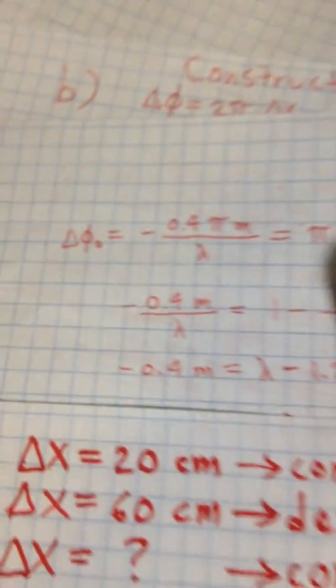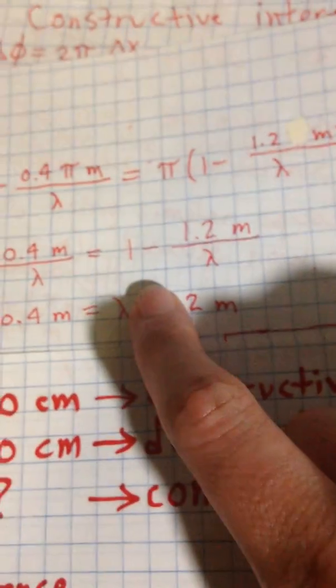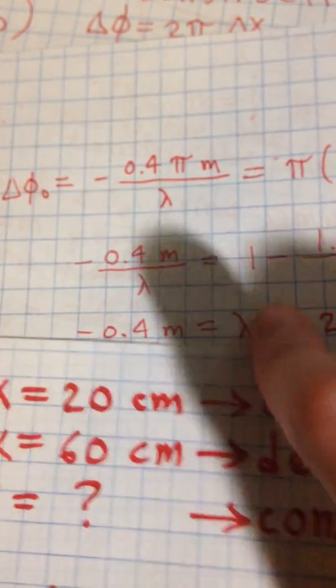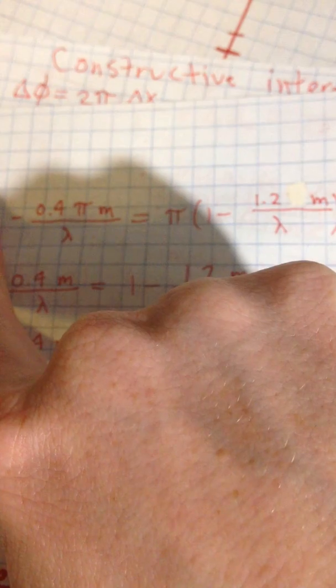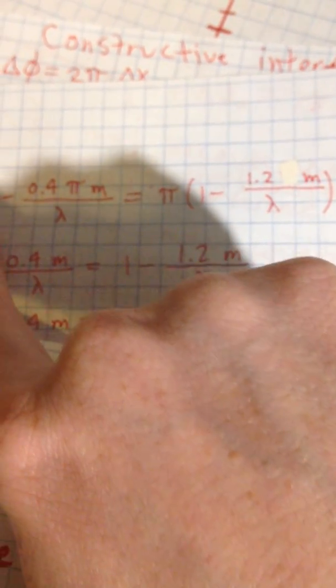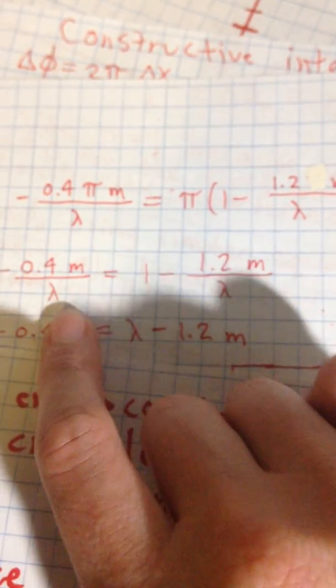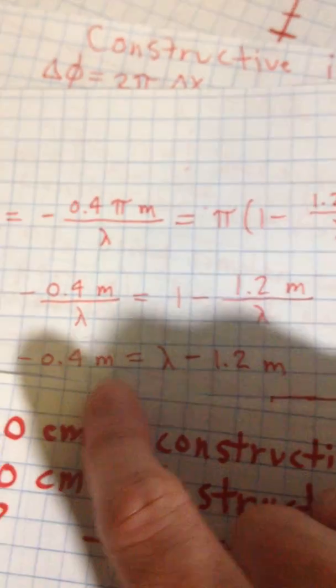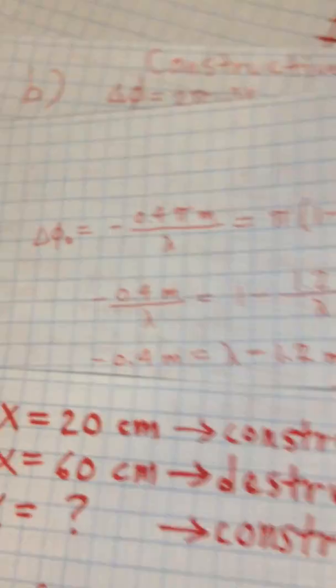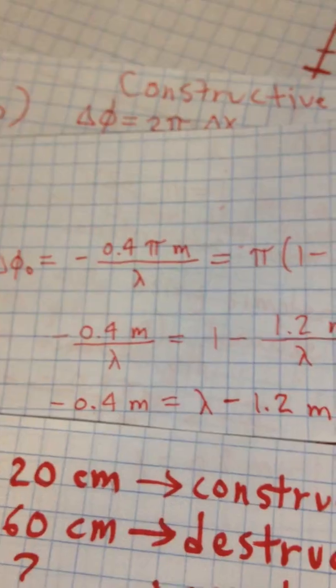Now we just have these two things equal to each other with just wavelength in them. So let's algebraically solve for the wavelength. And that's what we're going to do.